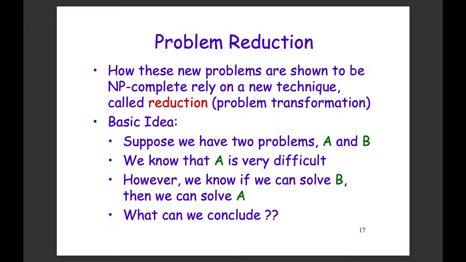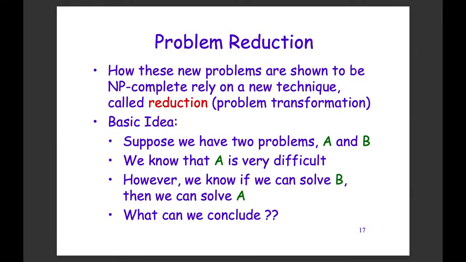The idea here is that suppose we have two problems, one called A and the other called B. Somehow we know that A is very difficult. But then we can also show that if we can solve B, then we can solve A. Can we conclude anything here? A is very difficult, right?